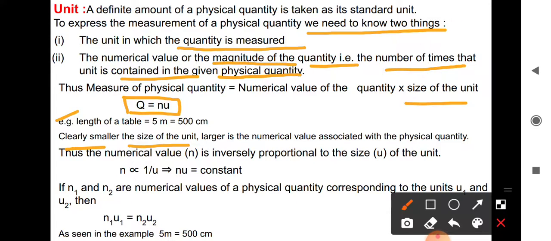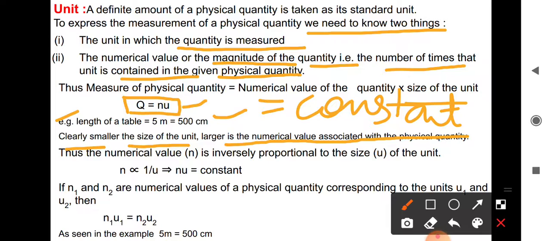Clearly, the smaller the size of the unit, the larger is the numerical value associated with the quantity. This is very simple. If we take centimeter, then the magnitude will become large, 500. If we take a bigger unit, the magnitude will become less, because Q equals n u is always constant.